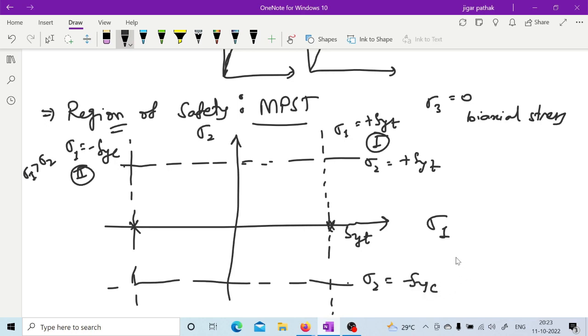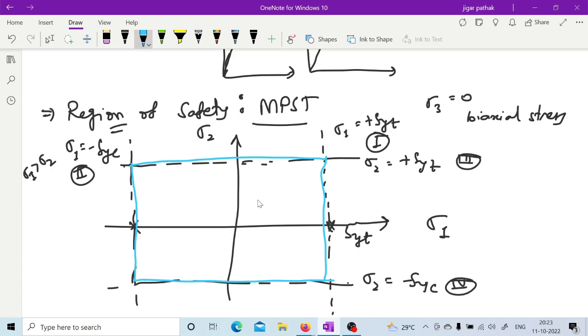This is the third and fourth case where sigma 2 is greater than sigma 1. So this is the region or envelope we have come up with after considering different conditions.